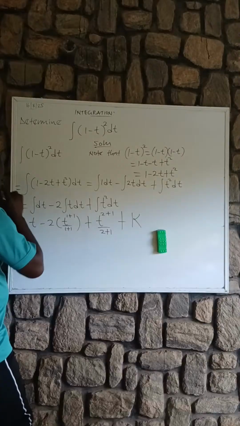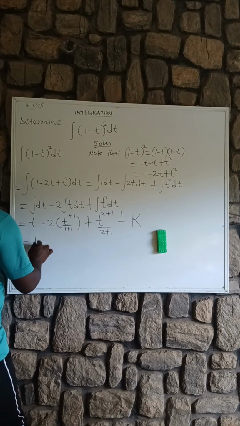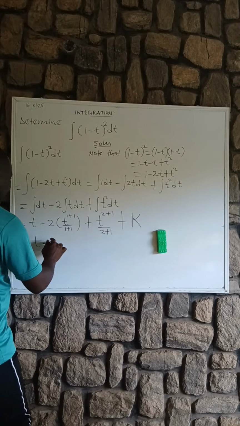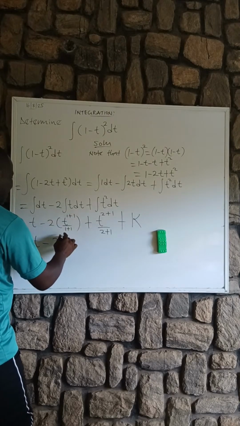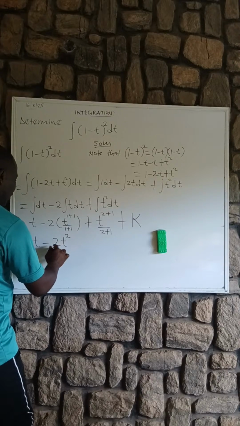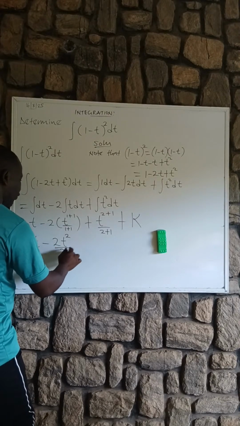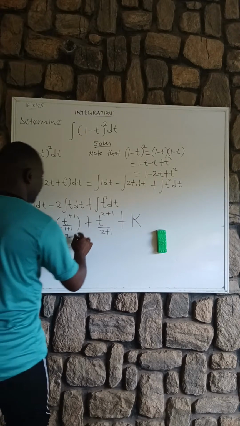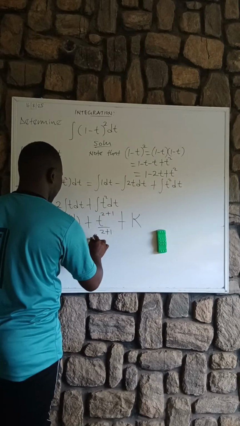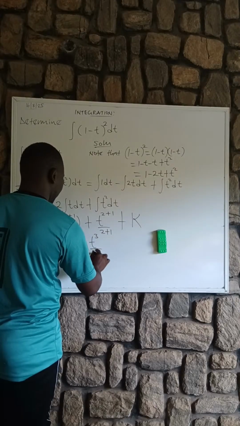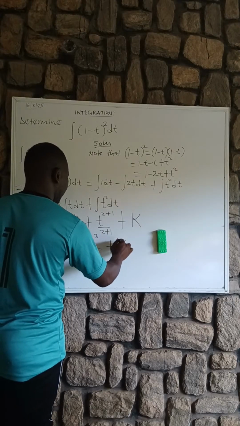So here will now be t minus 2t squared all over 2, plus t raised to the power 2 plus 1, 3, all over 3, plus k.